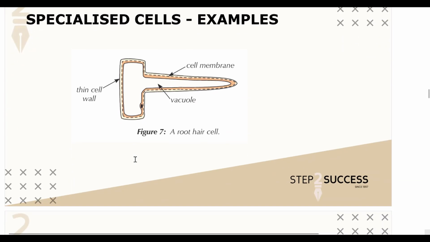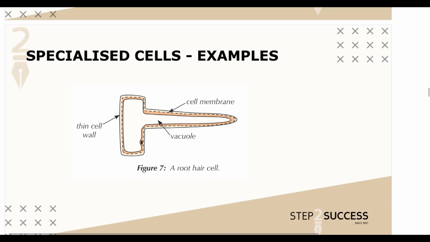And then there is also a plant cell that you need to be aware of that is specialized. A root hair cell, its job is to absorb water and minerals from the soil. Now, it wants to be able to absorb as many of these things as it possibly can. And so with an ordinary cell like that, things need to be absorbed through the cell membrane.